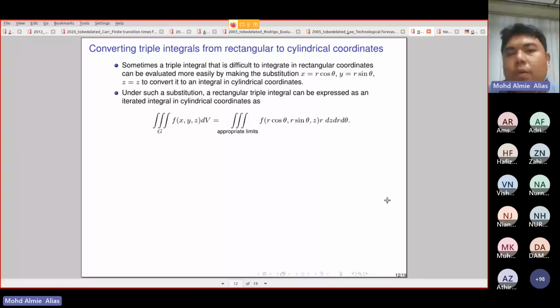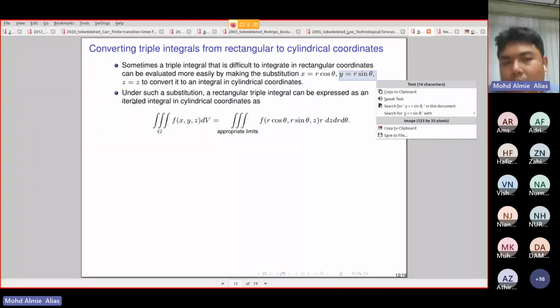Every x, this is like a substitution that we've seen many times before. Every x in your integral now must be r cos theta, because you've learned this relationship, and then every y will be r sin theta, and z is maintained.